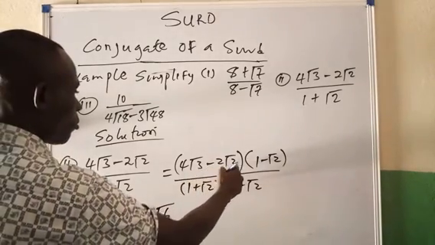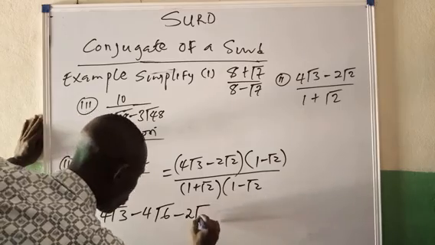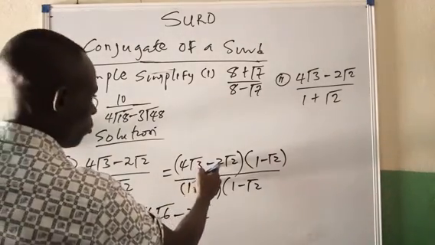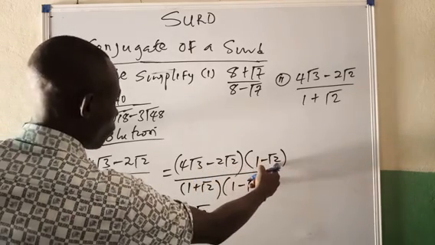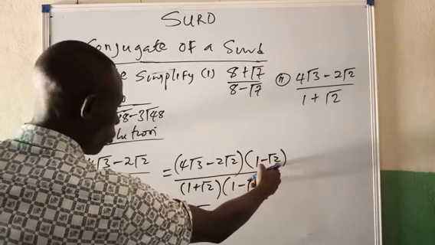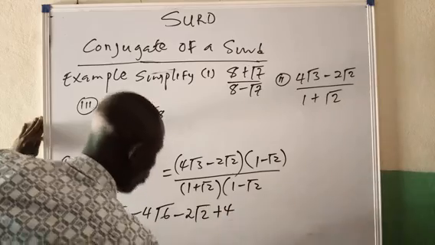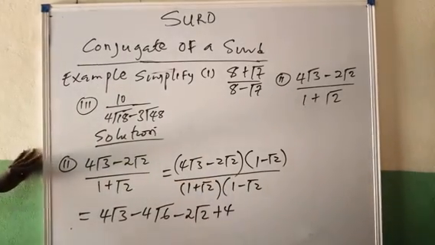Minus 2 root 2 times 1 is minus 2 root 2. Then minus 2 root 2 times minus root 2. Root 2 times root 2 will give you what? That will give you root 4. Root 4 is 2. 2 times 2 becomes plus 4. Remember, minus times minus is plus.